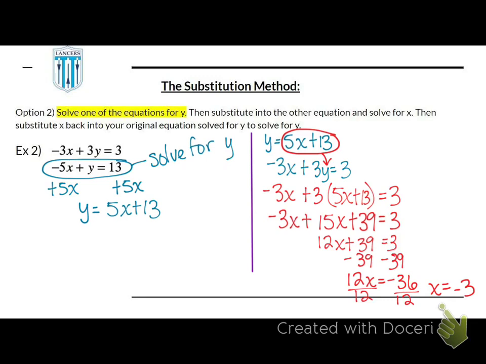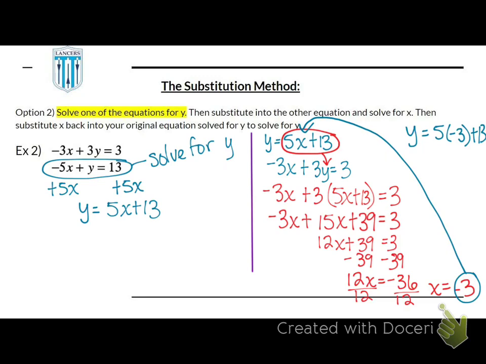After all that work, we still need to find the y. So we've got this x. We're going to plug it in up here and find the y. So y equals 5 times negative 3 plus 13.